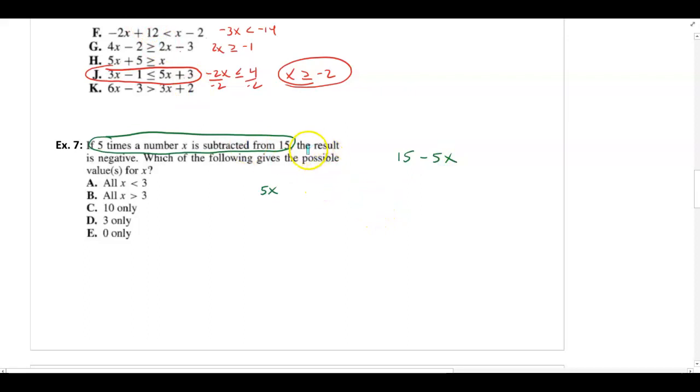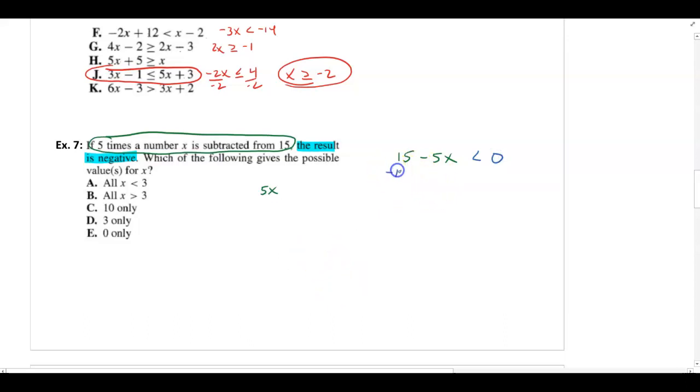The second tough part here is it says the result is negative. It doesn't tell me what it's greater than or less than, right? All I know is a negative number means it's less than 0, right? So here I'm going to translate the result is negative, meaning all the numbers it could be are less than 0, because any number less than 0 is going to be negative.